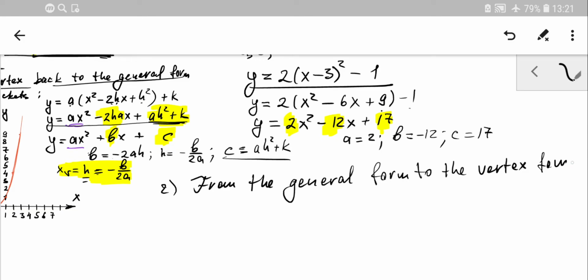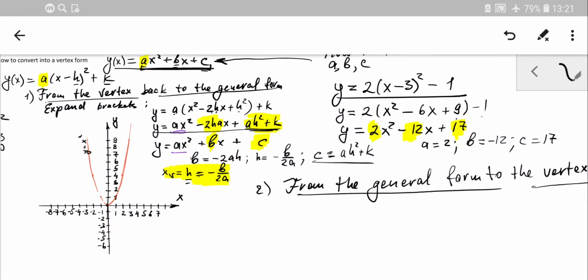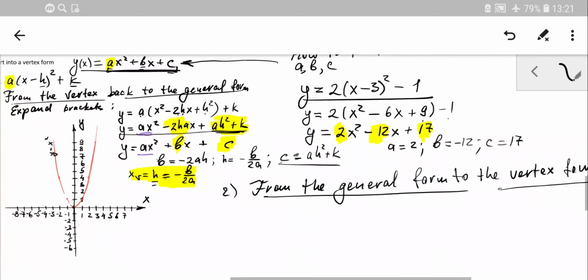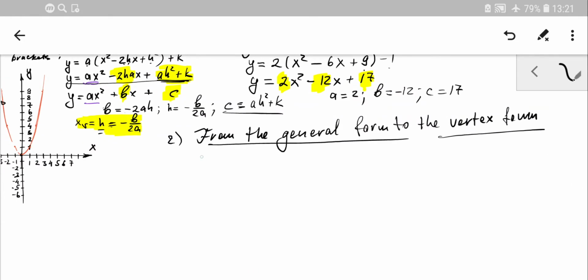All right, this might be a bit more tricky because there are actually several ways to do that. I'll show you the completing the square way, because sometimes you might be asked, using completing the square, please explain how you can get from the general form to the vertex form. Okay, I'll try to show you.